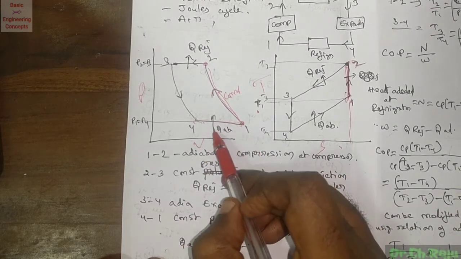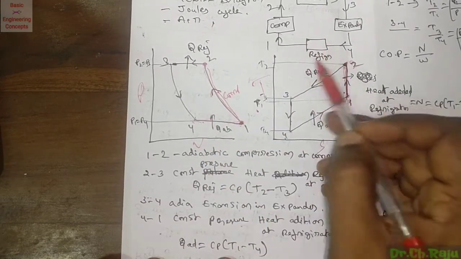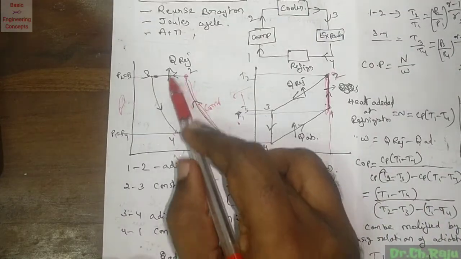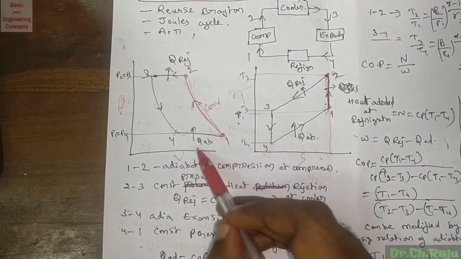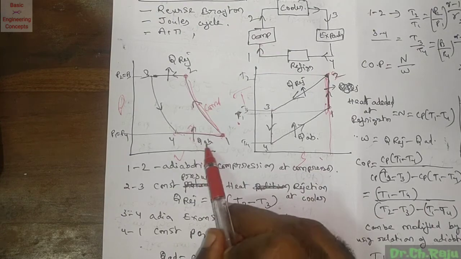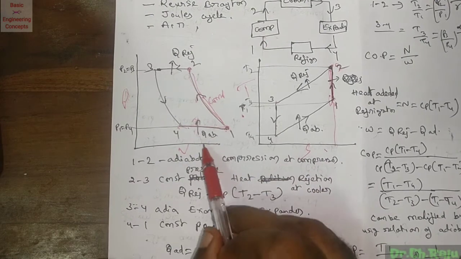That is the heat added in the refrigerator. Here heat is rejected to the surroundings, and here heat is absorbed from the refrigerator, that is, from the products to be cooled.